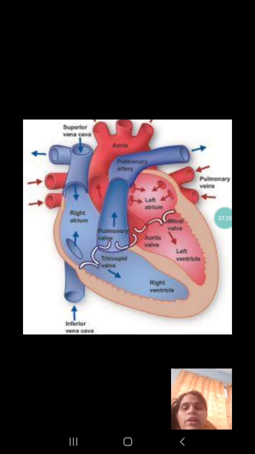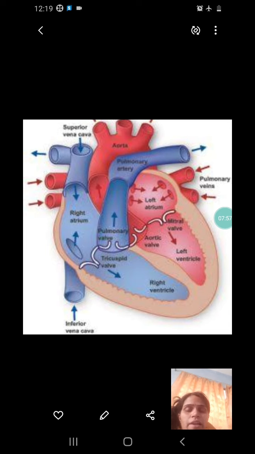The superior vena cava carries deoxygenated blood from the upper part of the body to the right atrium, whereas the inferior vena cava carries deoxygenated blood from the lower part of the body to the right atrium.